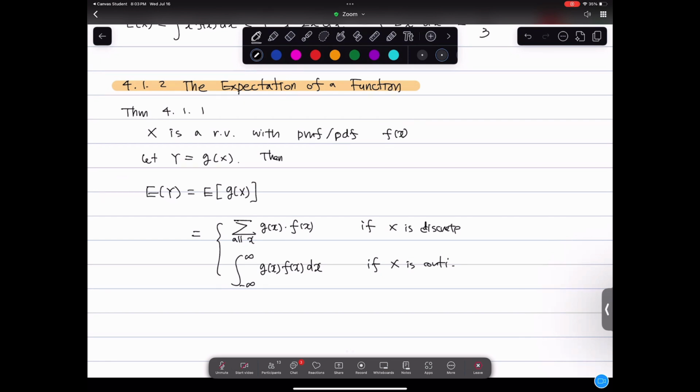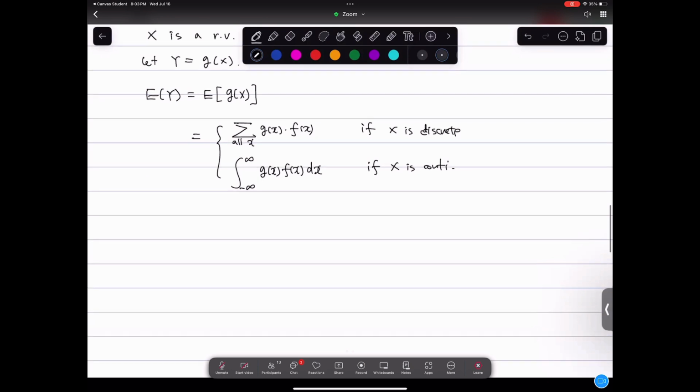So I want to get you an example, and I should be done for the day. So let's get the uniform case. X is uniform from 0 to 2. I want to find E of x and E of x squared.